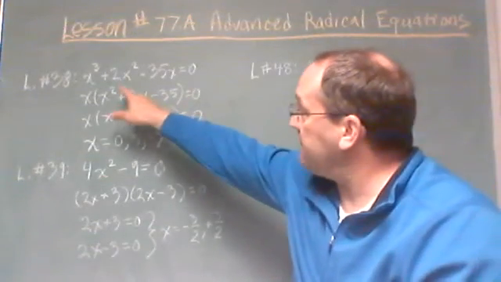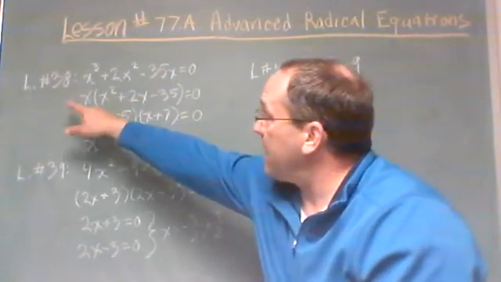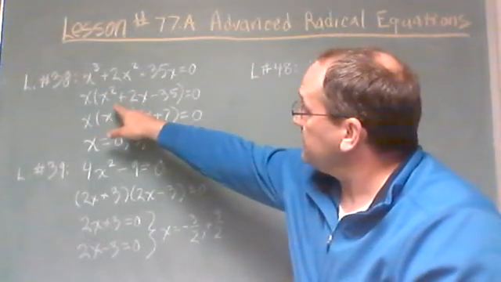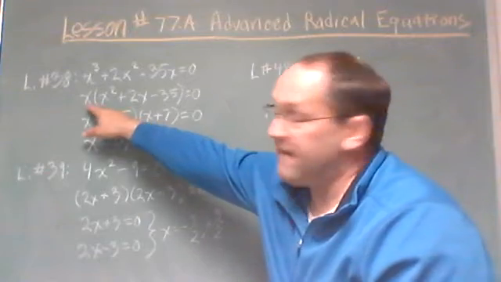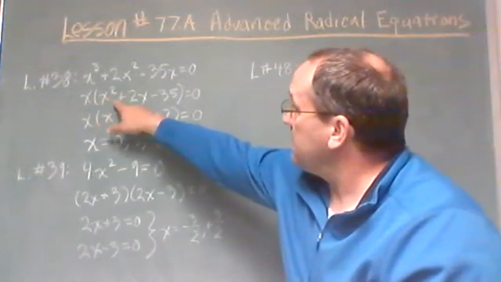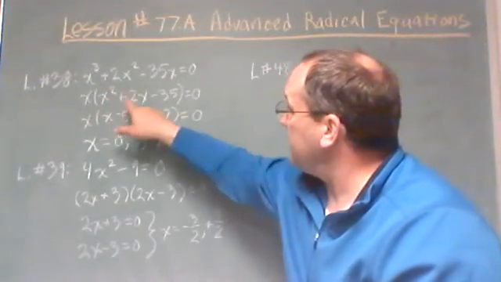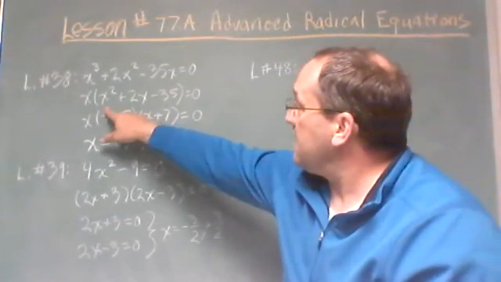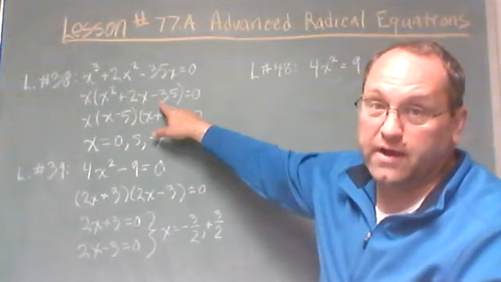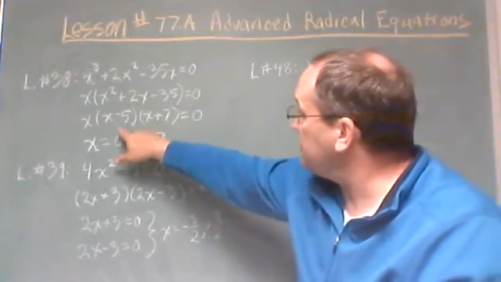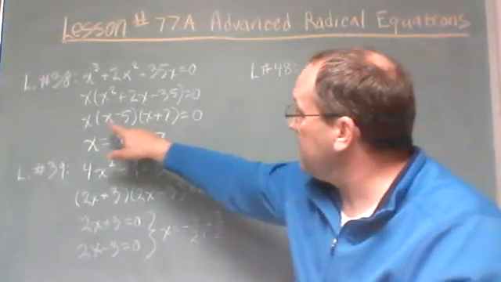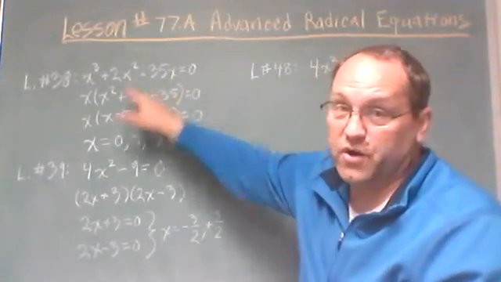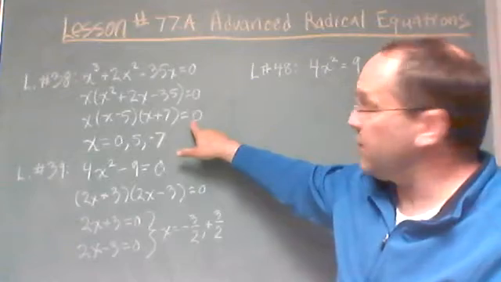So when we have quadratic equations in lesson 38, as we solved here, we can factor out an x to make this a quadratic equation. We can factor this trinomial, this quadratic equation, into two factors. So we have three factors for this original expression, and they equate to 0.